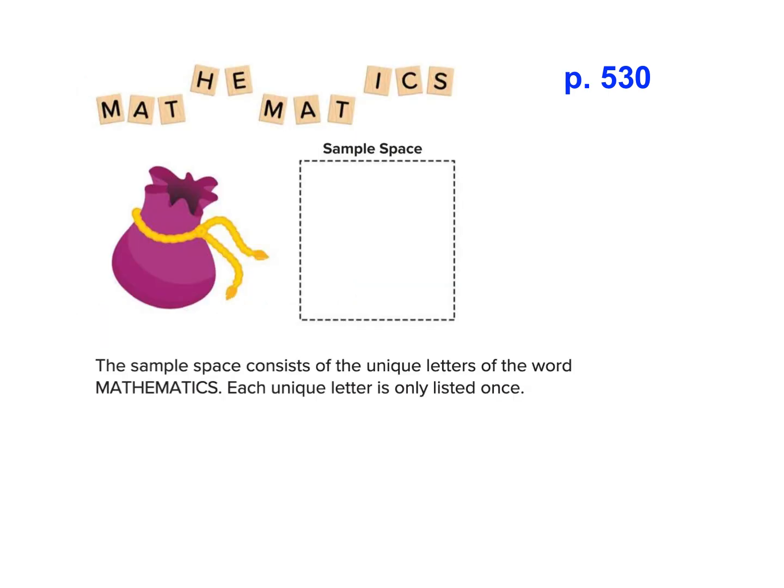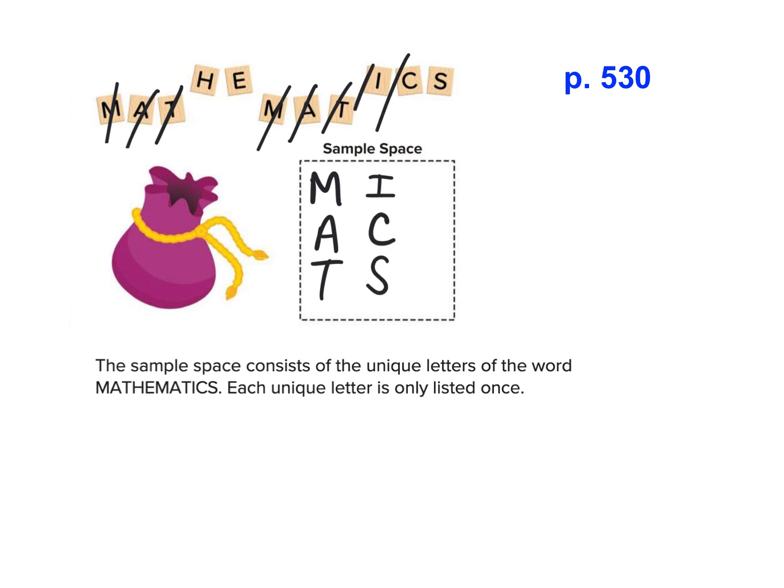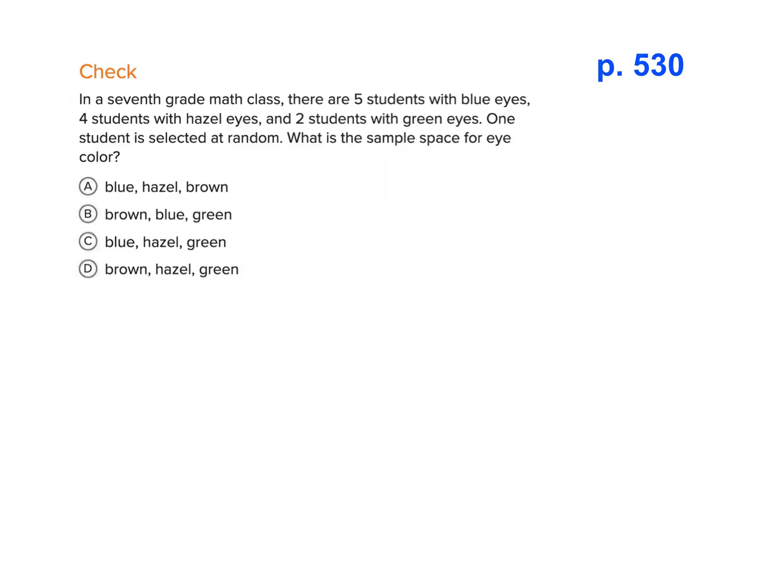What that means is if I ask you the sample space, I could get an M, and I only need to list that once. I can get an A, and I only need to list that once. I can get a T, an I, a C, an S, an H, and an E. That is my sample space. You only have to list each letter one time.